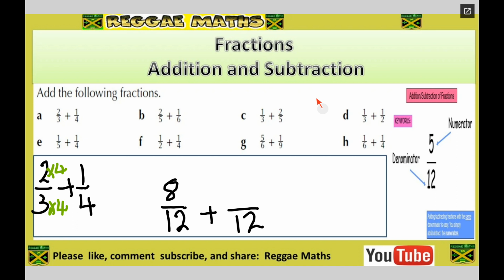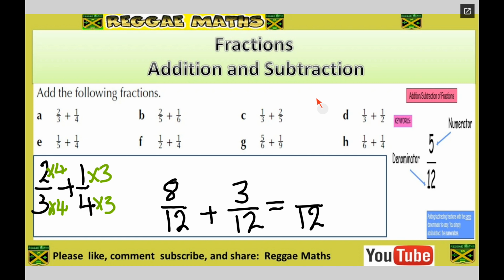Next, what do I multiply 4 by to get 12? 3. The same thing I do to the bottom, I do to the top. 3 times 1, that's 3. So you never add the denominators. Notice the denominator is always the same.